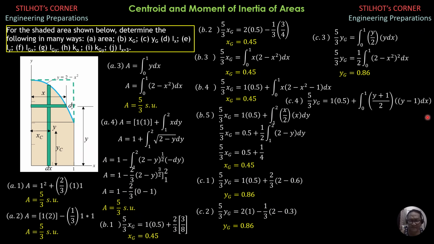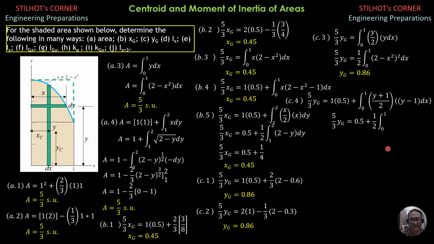So x is the variable, x is the variable. So that would be limits 0 to 1, and that would be 1/2 integral of y squared minus 1.